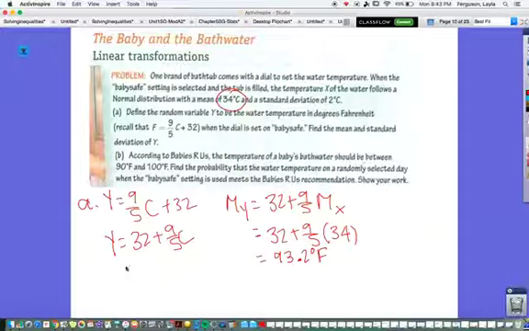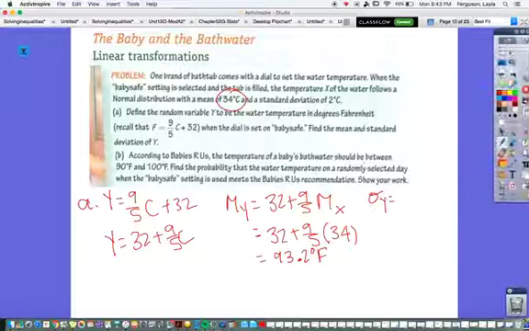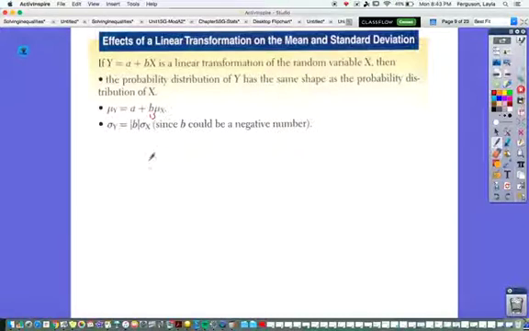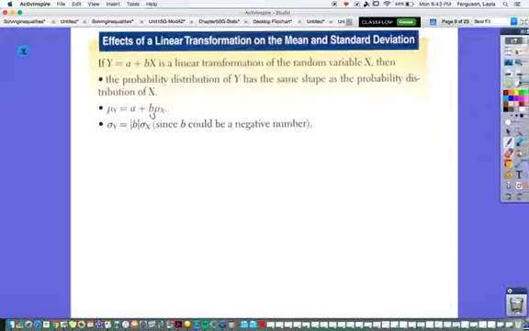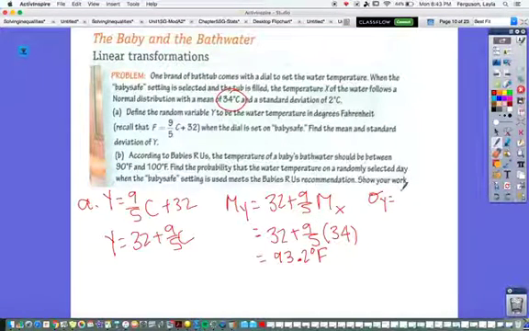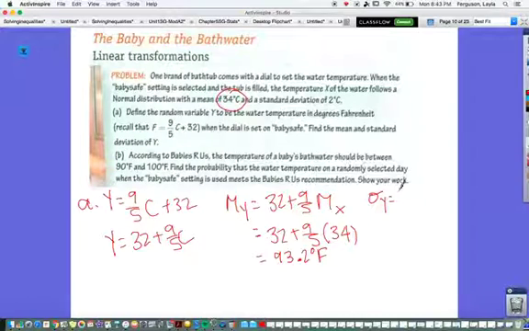We also need to find the standard deviation for Y. So jumping backwards a little bit, the standard deviation for Y would be equal to the absolute value of B times the standard deviation of X. And so our B in this case would be the 9/5.